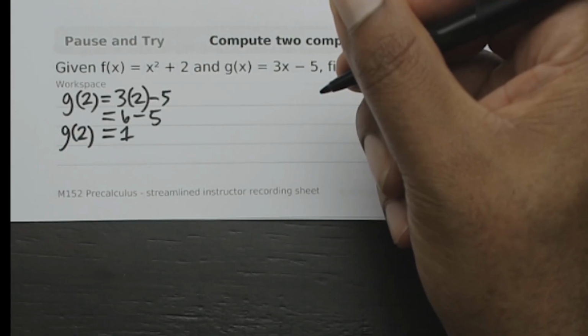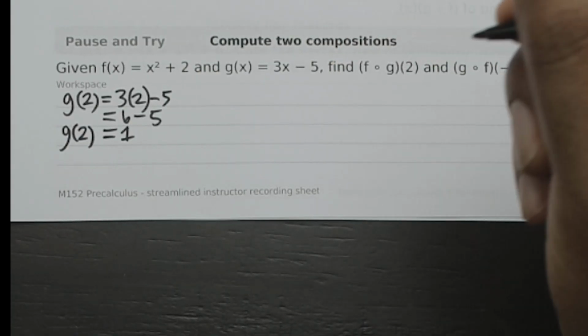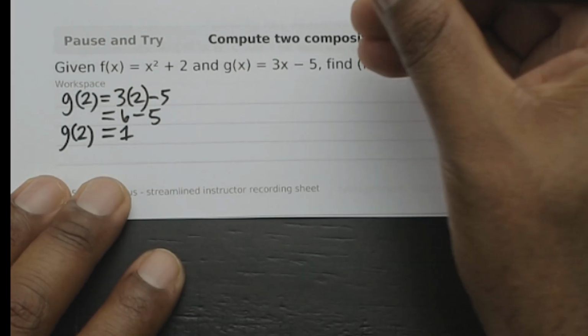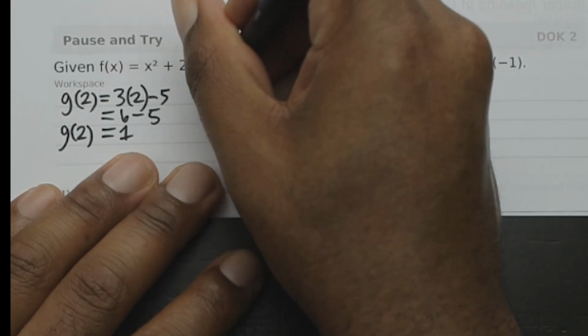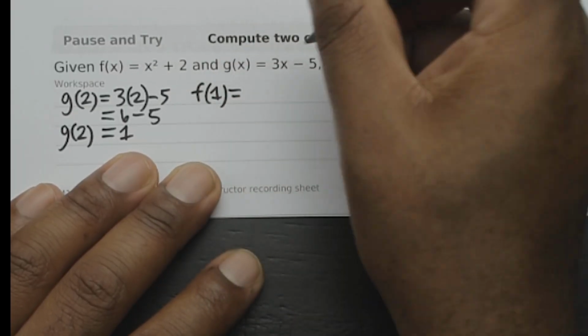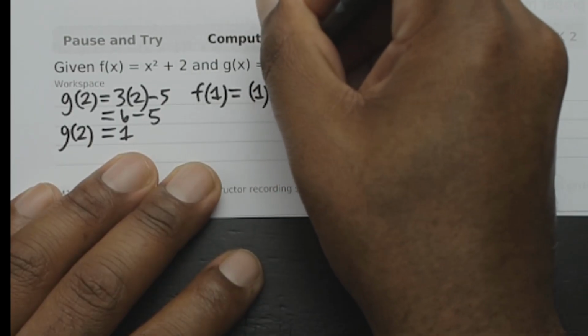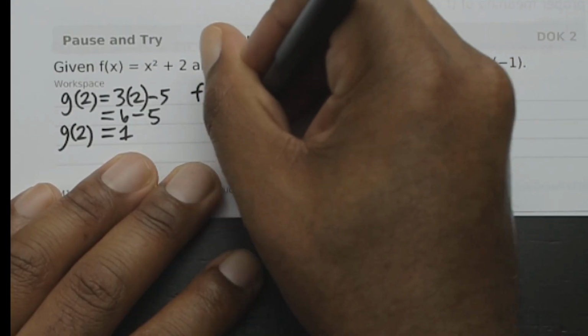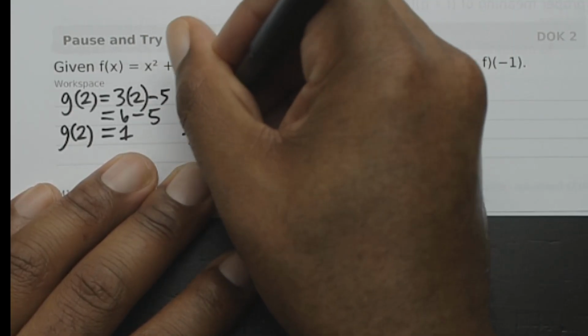So g of 2 equals 1. Now we're going to put 1 into f: 1 squared plus 2, 1 plus 2, 3.